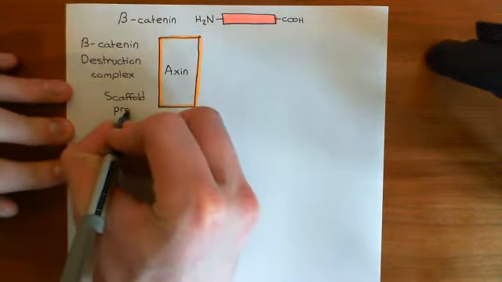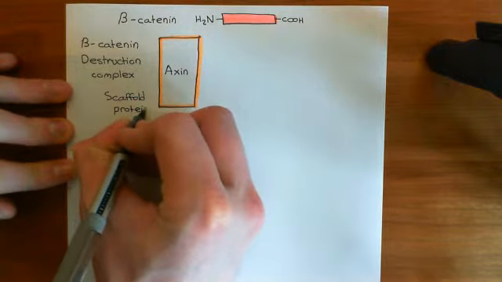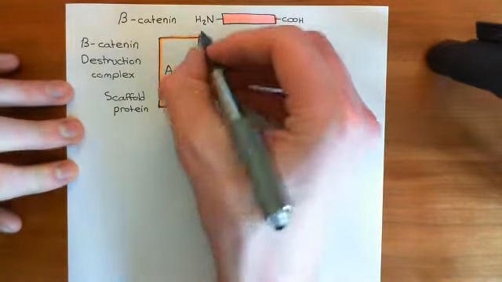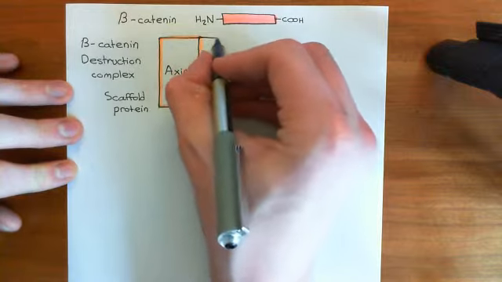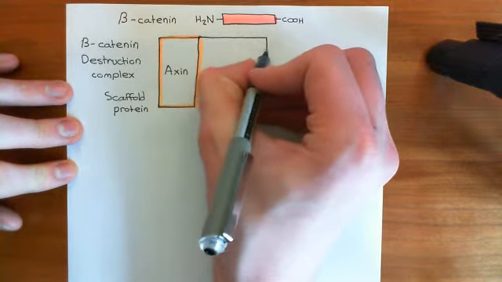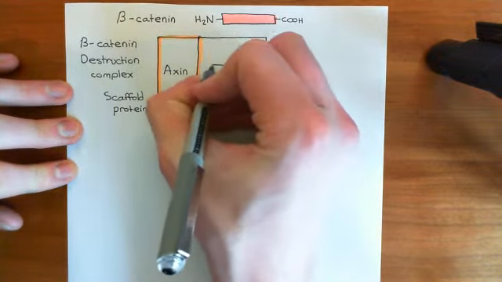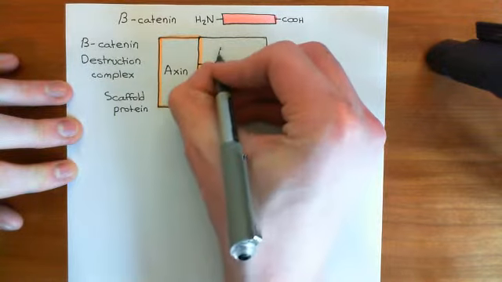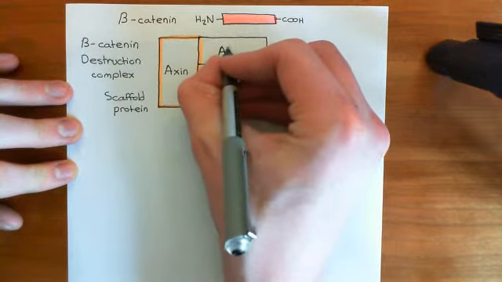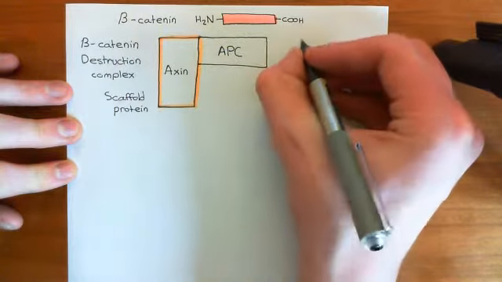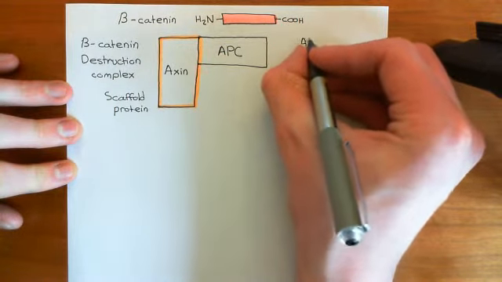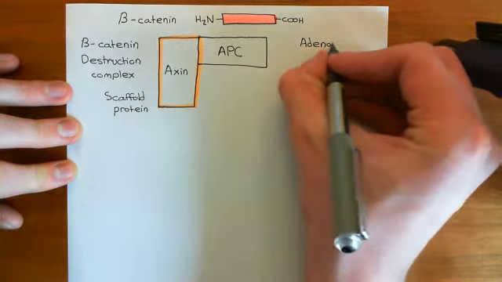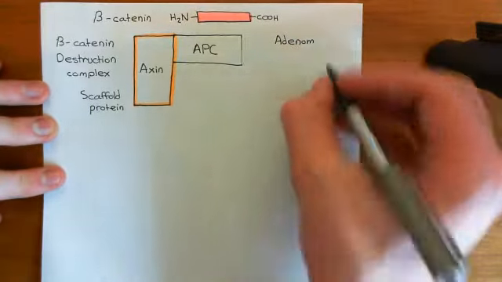Right. Now, the axin is actually going to bind to another scaffold protein to start the formation of this beta-catenin destruction complex. So another scaffold protein is going to bind here, and this second scaffold protein is what's known as APC. Now, APC stands for adenomatous polyposis coli. So let me just move this over a little bit.